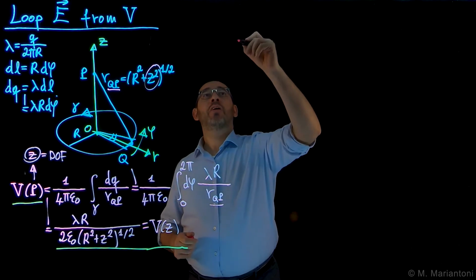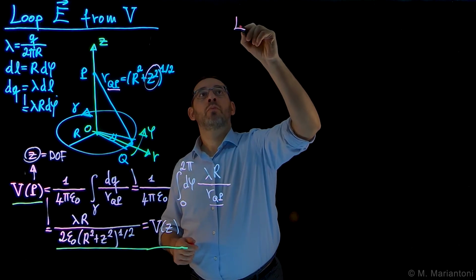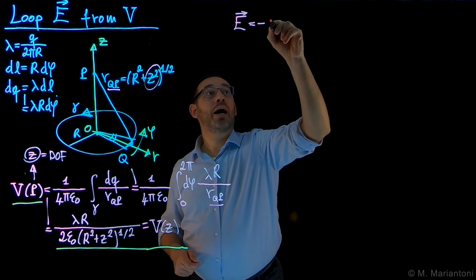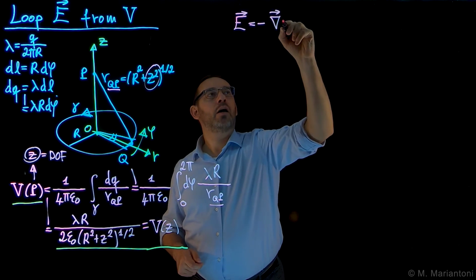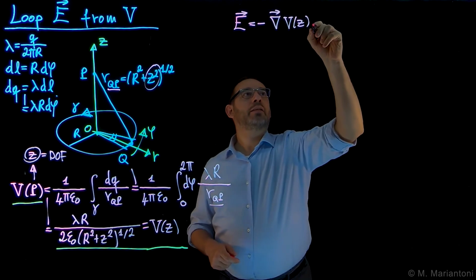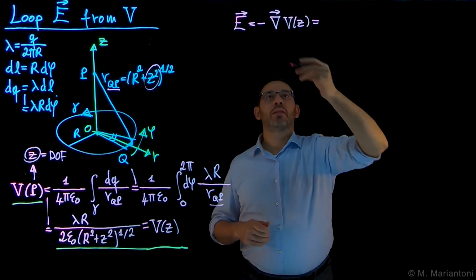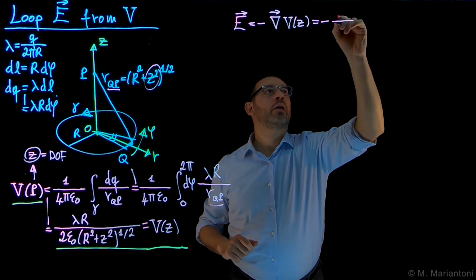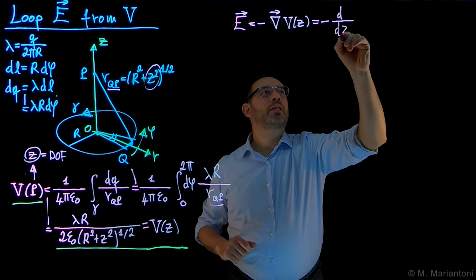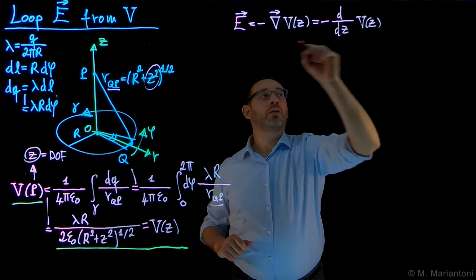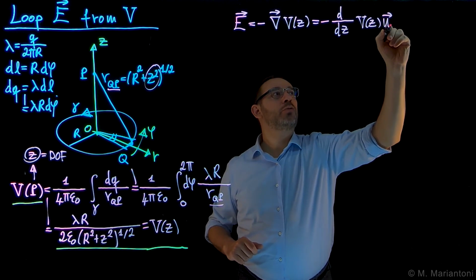Now, eventually, we want to find E from this knowledge of V, which is given by minus the gradient of V. But V is only a function of z, so since it's only one direction, the gradient is going to be minus the total derivative with respect to z of V of z. It has to be a vector along the only available direction, which is u_z.